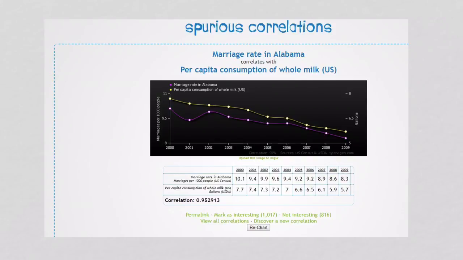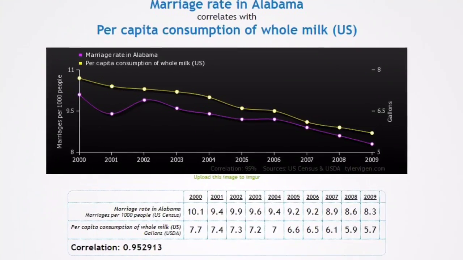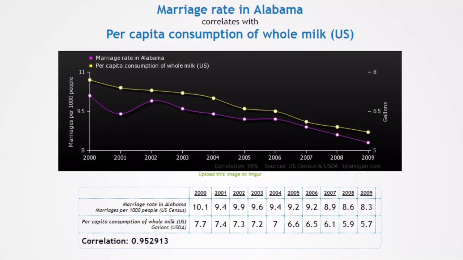It is just simply, there's no cause and effect between the variables. So, one is the marriage rate in Alabama. That is one of the lines. Can't see it properly. And the other one is the consumption of whole milk in the US. And that is shown over a period of time.